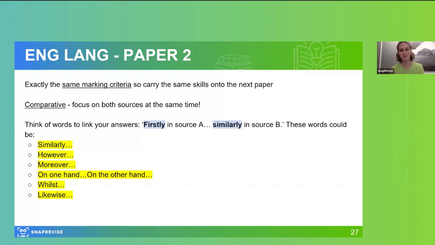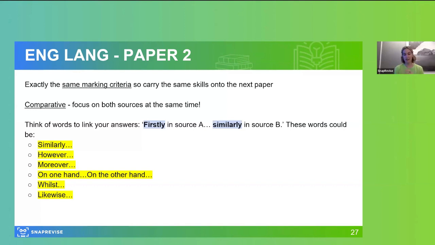And then you can run out of time to talk about source B. And as we will go on to see, in any question where you're being asked to compare, if you only talk about one source, you're going to really limit yourself with the amount of marks that you can get. So I always say to people, if you ever write something about source A, you have a couple of sentences where you analyze that, and then the next thing you talk about source B. So always have it in a balance.